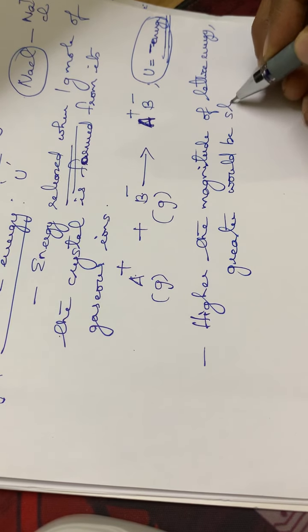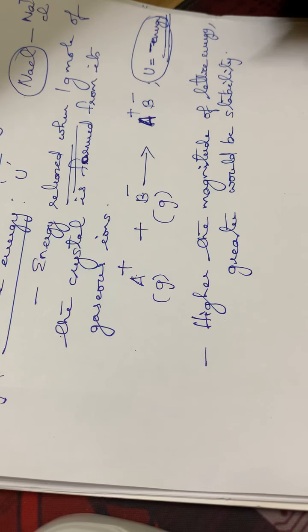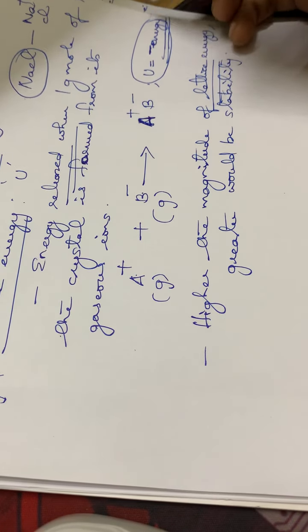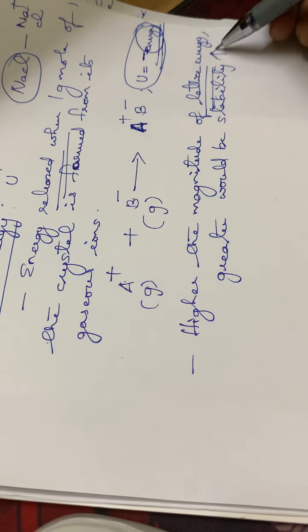While considering an ionic compound, if the magnitude of the lattice energy, that means this value, is high, the stability will also be high.